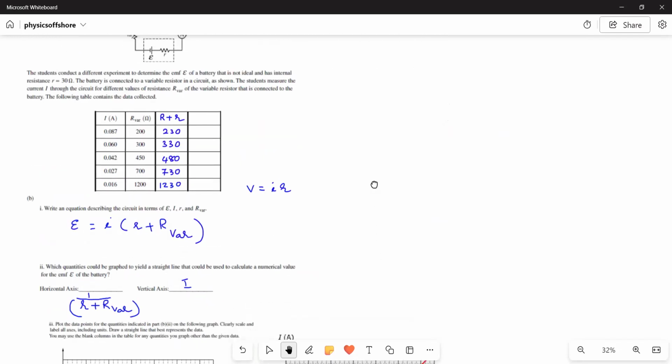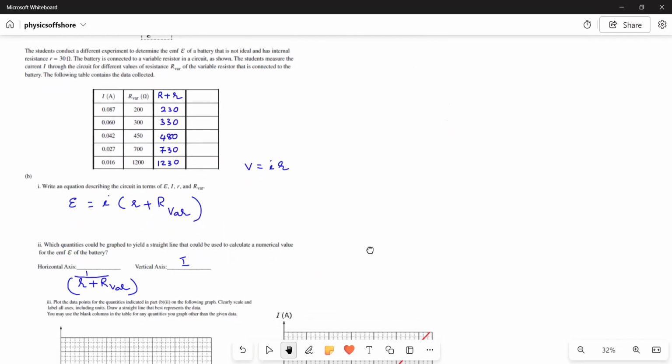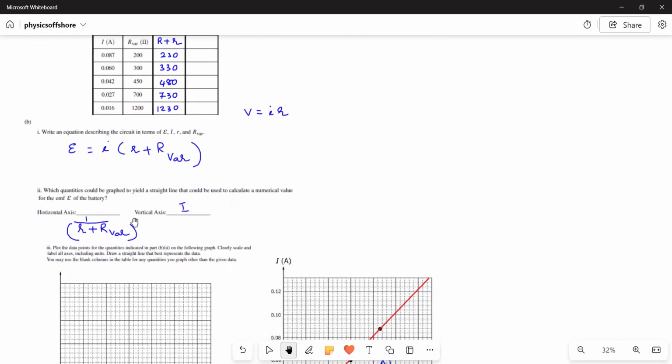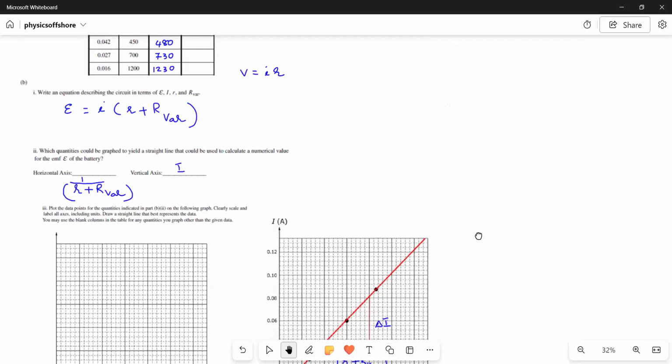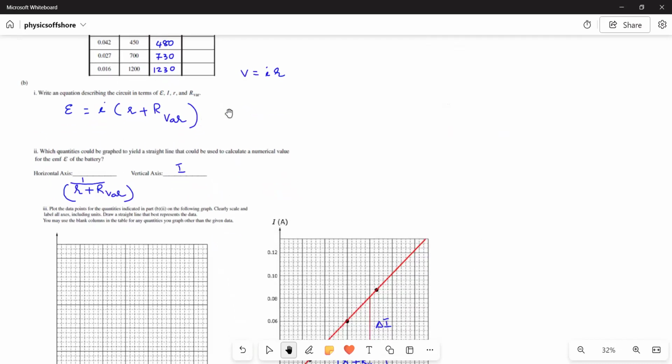Next, he is asking us to draw a graph to find out the EMF of the battery. How to draw the graph to find the EMF? Obviously this is the Ohm's law equation, so V is proportional to I. Same thing, E is proportional to I, and this resistance is the proportionality constant.